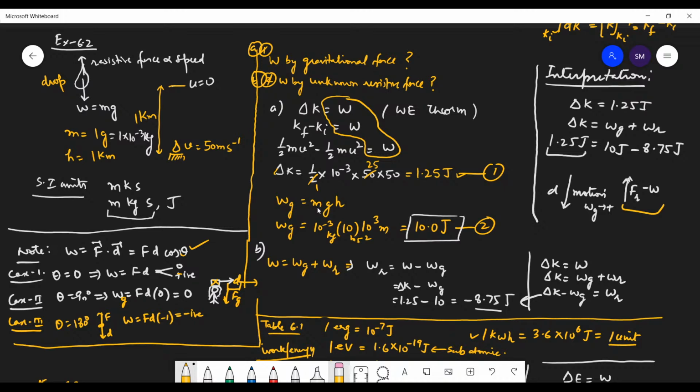Now, work done by the gravitational force is given by mgh, and the work done is equal to 10 joules.